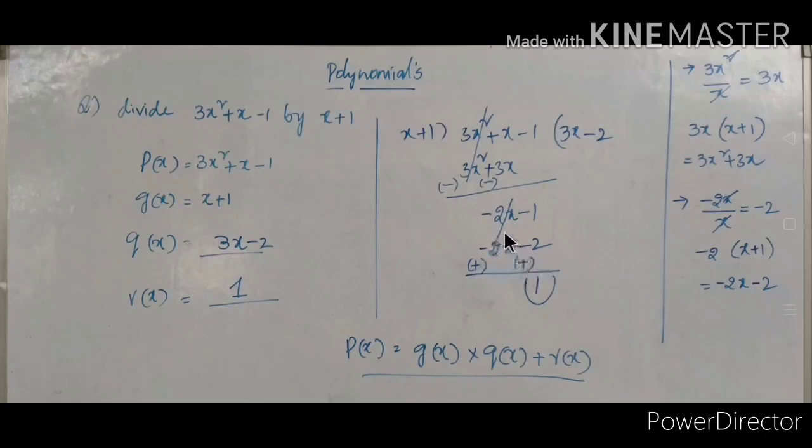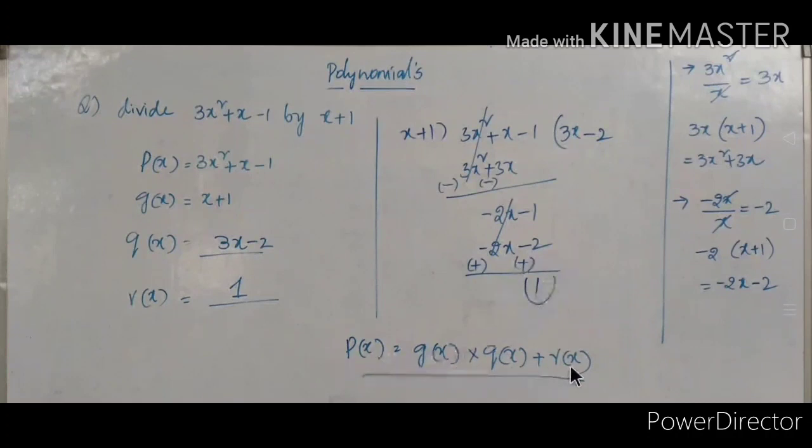So the deduction result is minus 2x plus 2x cancel, minus 1 plus 2 is equal to 1. The division process is said to be complete if we get the remainder as 0 or the degree of the remainder is less than the degree of the divisor. So this division process is completed.